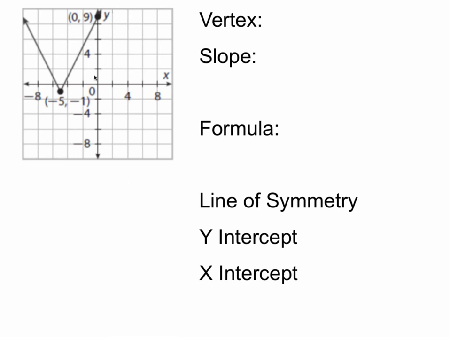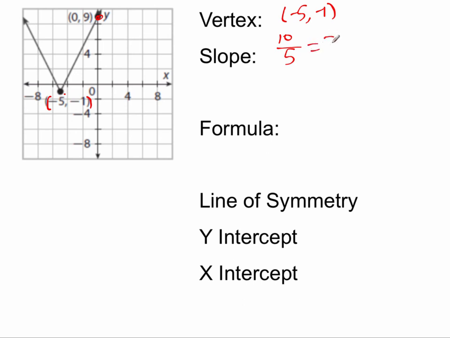Suppose I give you this function. I've got 2 points. The vertex here is at (-5, -1). And I have another point here at (0, 9). So I can find the slope. The slope is rise over run. So I'm going to go from -1 to 9, which is 10, divided by the run, which is -5 to 0, so that's positive 5.